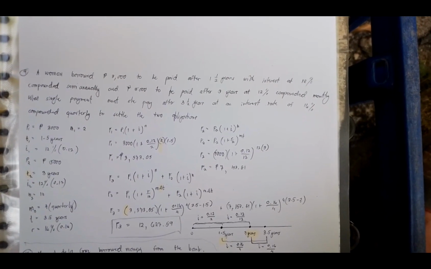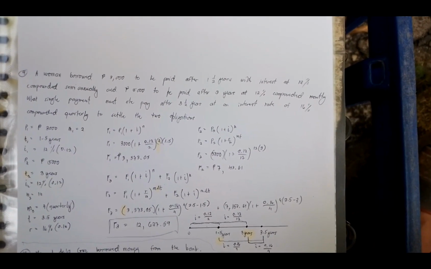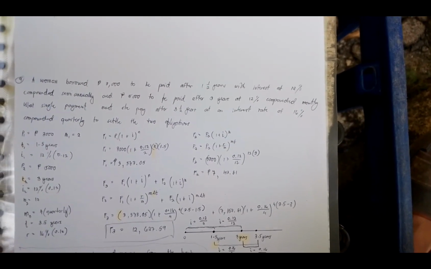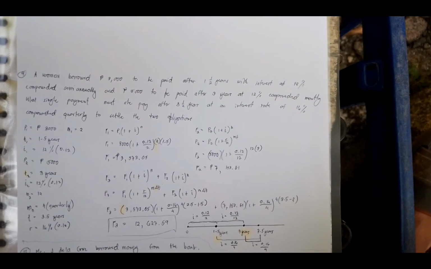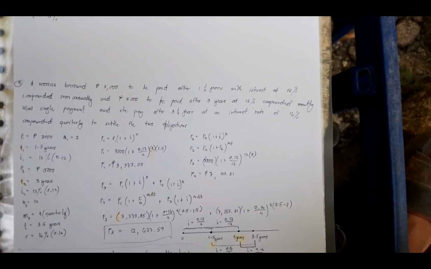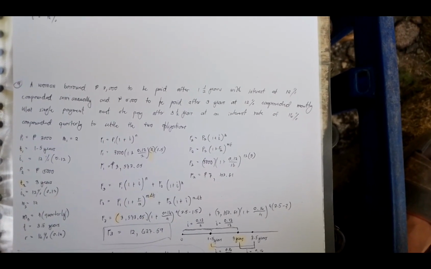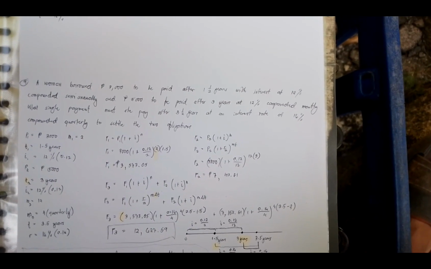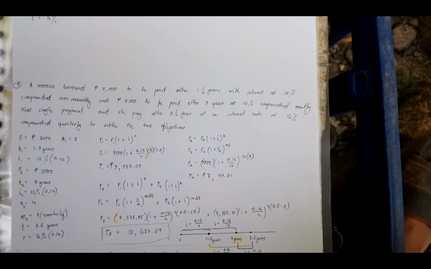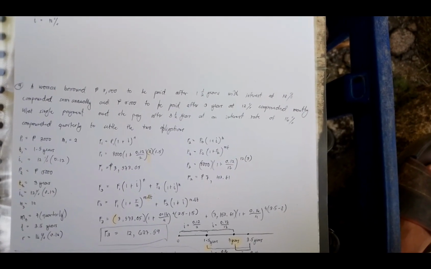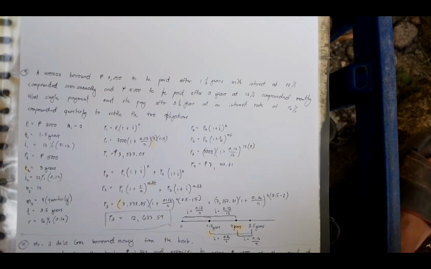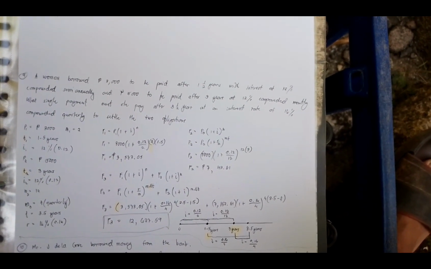A woman borrowed 3,000 to be paid after 1.5 years with an interest of 12% compounded semi-annually, and 5,000 to be paid after 3 years at 12% compounded monthly. What single payment must she pay after 3.5 years at an interest rate of 16% compounded quarterly to settle the two obligations?